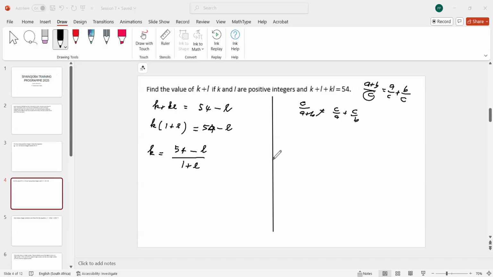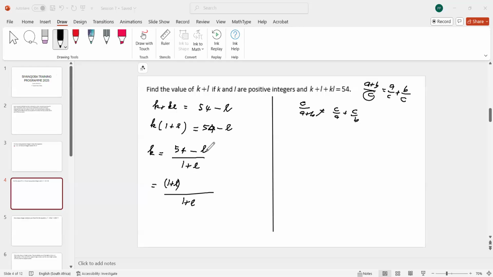Now I got 1 plus L at the bottom, and I want to create a 1 plus L at the top. So I'm going to force 1 plus L here. But now I must balance this thing out.